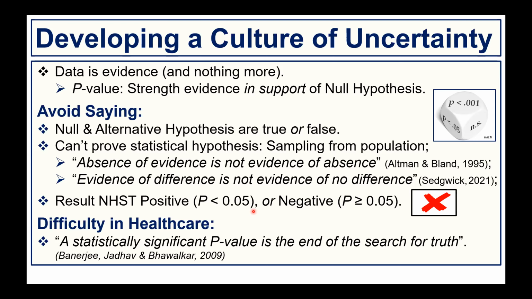And I think that idea, that we can prove something through hypothesis testing, completely misunderstands what hypothesis testing and statistics is about. So I feel that for a lot of the research community, there is a lack of understanding of what statistics can achieve.